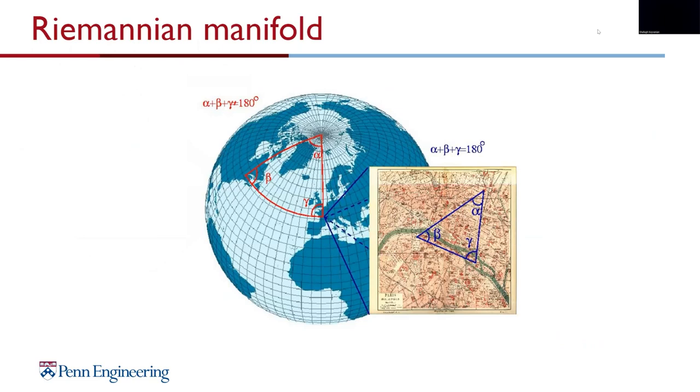Why was this created? What is a Riemannian manifold and why was it created? It's because Euclidean geometry started not working in some situations. For example, in the 17th or 18th century, people tried to explore the Earth, and they figured out the Earth is not flat, it's actually a sphere.